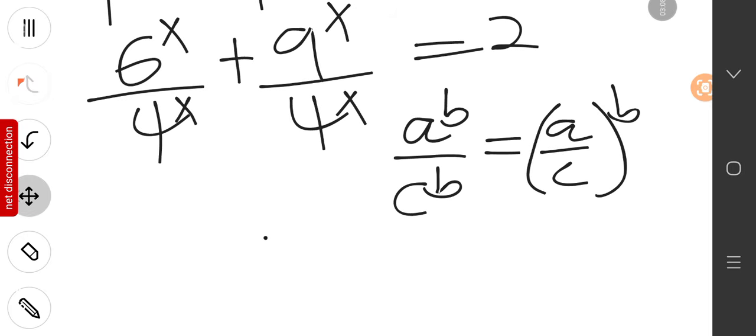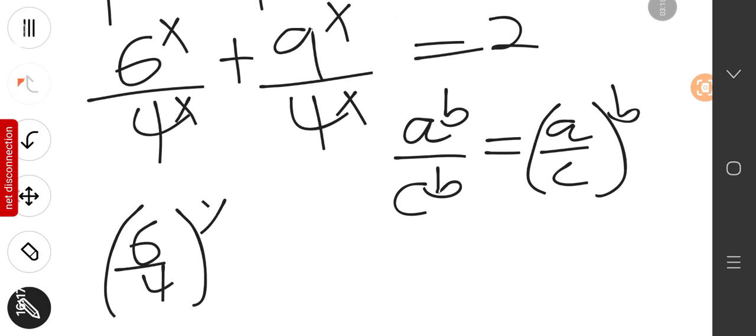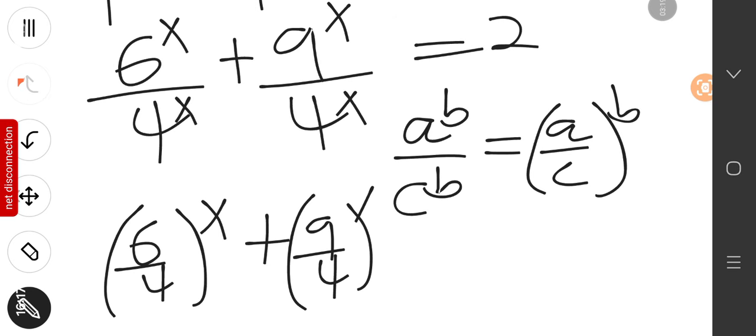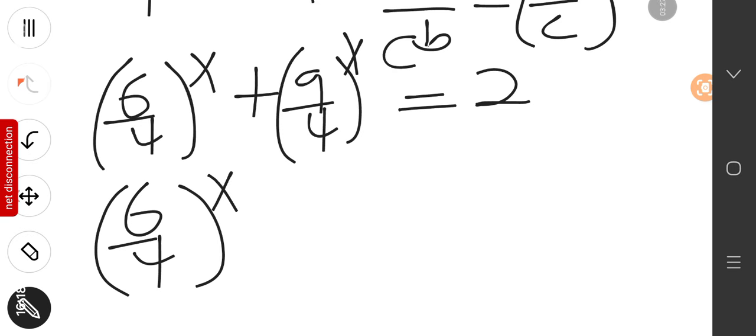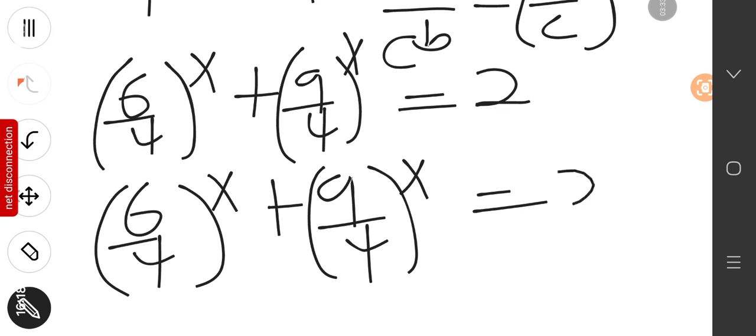So our equation becomes (6 over 4) in a bracket exponent x, plus (9 over 4) in a bracket exponent x equals 2.